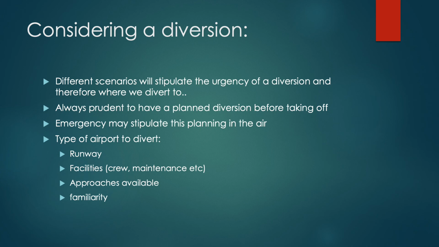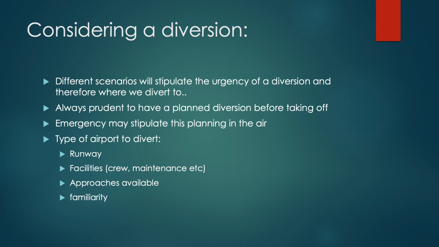So the runway there: the condition of the runway, whether it's tarmac or grass, the length of it, so the aircraft we're flying, can we land on that runway? Possible facilities at the aerodrome, so crew, maintenance. If we've got a maintenance issue, maybe one airfield might be better than the other to fix that issue.